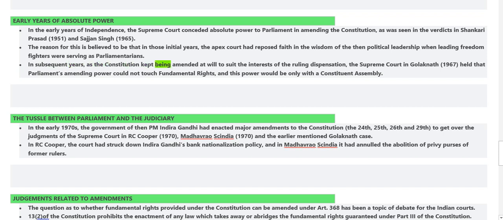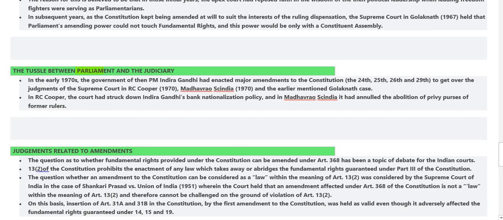In subsequent years, as the Constitution kept being amended at will to suit the interests of the ruling dispensation, the Supreme Court in Golaknath, 1967, held that Parliament's amending power could not touch fundamental rights, and this power would be only with the Constituent Assembly.